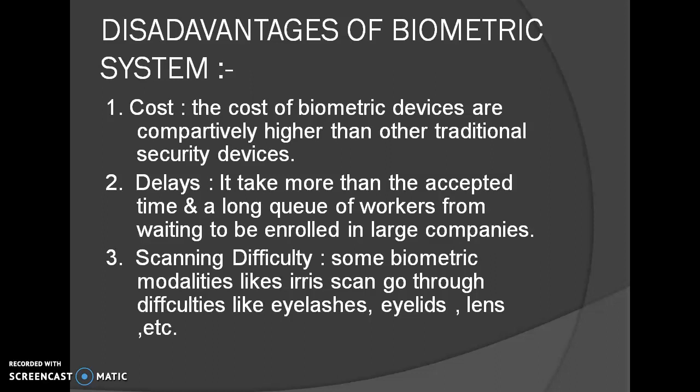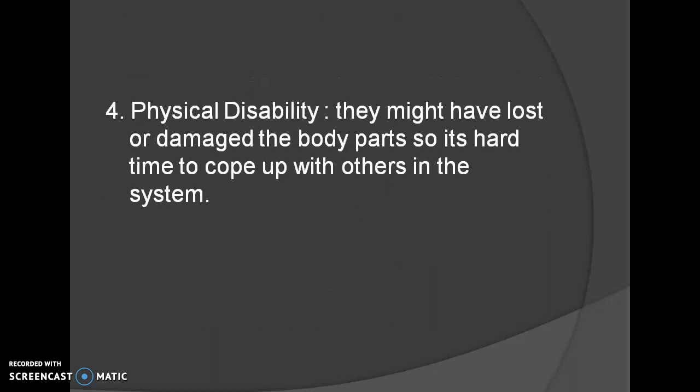Some biometric modalities like iris scan go through difficulties like eyelashes, eyelids, lenses, etc. Fourth one is physical disability. If a person has lost or damaged the body part, they have a hard time coping with others in the system.